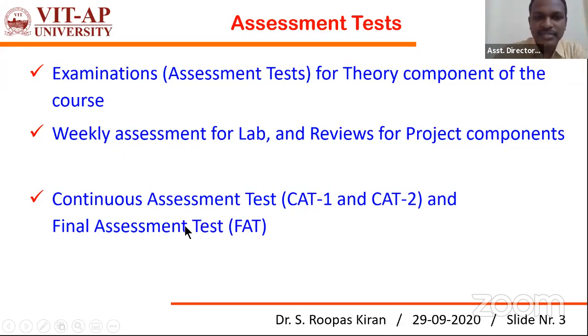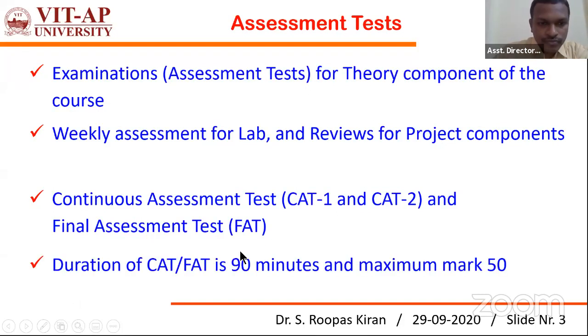The final assessment test contains a small portion of the CAT 1 and CAT 2 syllabus also, along with the portion just before the examination. The duration of all these 3 examinations is 90 minutes, and the maximum marks is 50 for all of them.